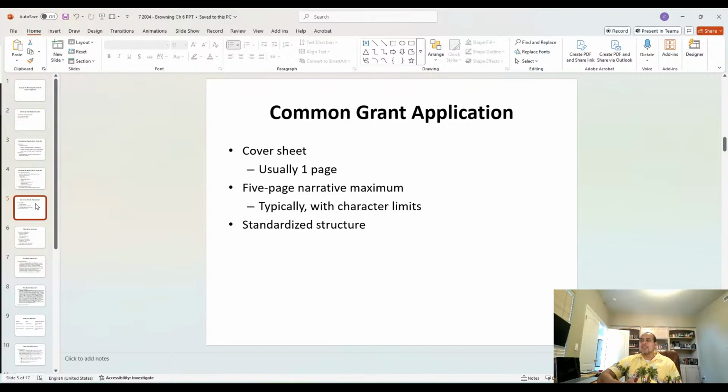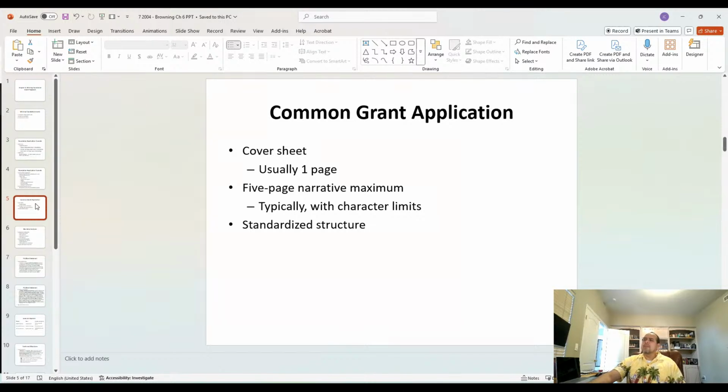Whoever's signing off on this grant is going to have to sign it, and then you're going to have to scan that page and all of your pages to submit your grant. They can't do some sort of digital signature. A wet signature means they actually have to sign. That could be about half of the time. They're moving away from it, but you still see a lot of it.